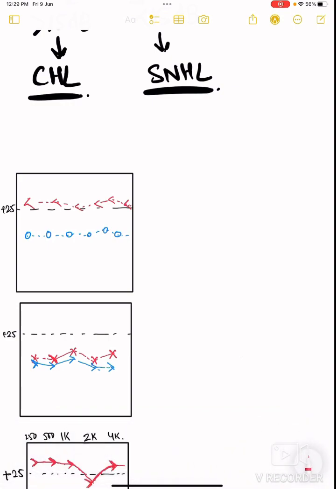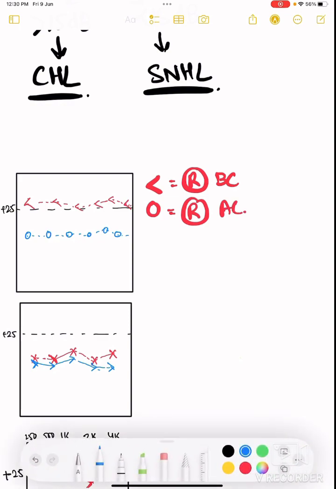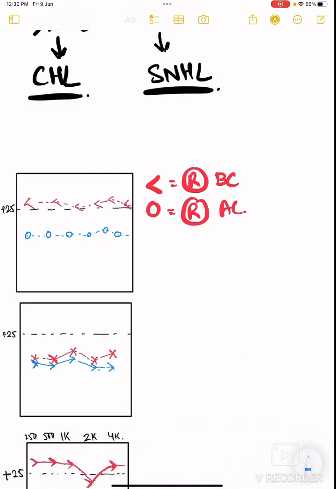First of all, this particular sign and this particular sign is given over here. This particular sign stands for right side bone conduction, and this particular 0 sign stands for right side air conduction. Now as you can see over here, this is the graph for right side bone conduction, and this is the graph for right side air conduction.